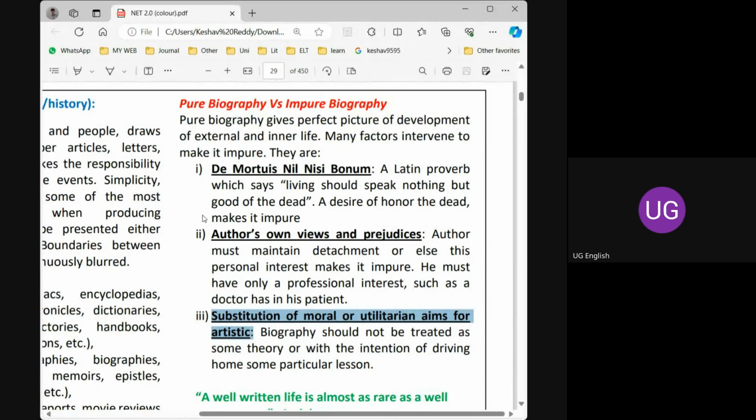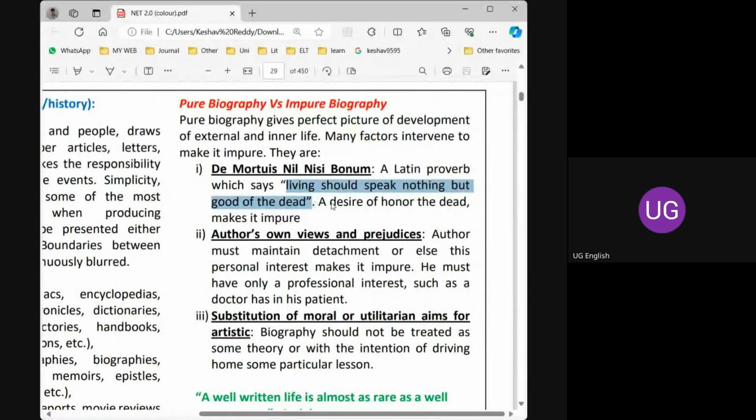Here we have a Latin phrase, de mortuis nil nisi bonum. This means the living should speak nothing but good about the dead. Generally if a person dies, we discussed this in the elegy, we simply forget the bad about that person and we only talk about the good things done by that person.